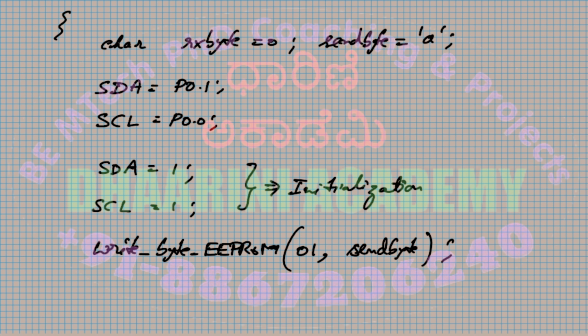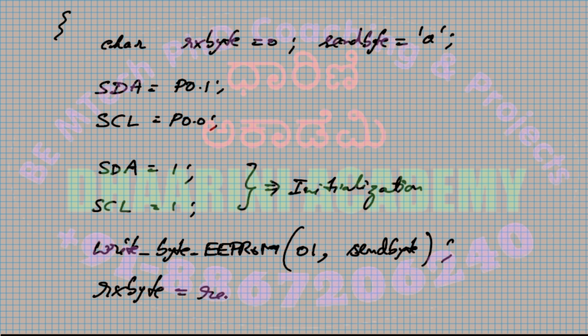Now my next operation I want to perform is a read operation. The read operation will put the data into Rx byte. So Rx byte should be equal to the other function, that is read byte EEPROM.